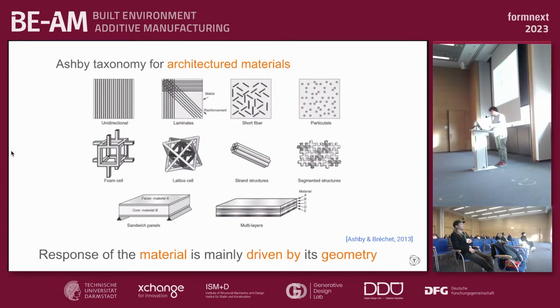And basically, to finish with Ashby, he proposed this taxonomy of architectured materials, and as you can see, there's a lot of things that I'm sure you already know, like composite materials and sandwich structures, foams, things like that. And a specific kind of architectured materials, which is lattice-based materials. In all those structures, the key point is that the overall response of the material is mostly driven by the geometry rather than the chemical composition. And this is especially true for lattice structures.